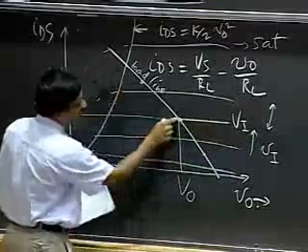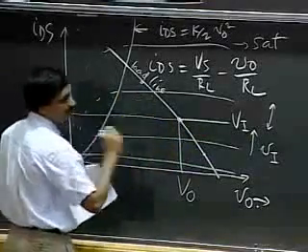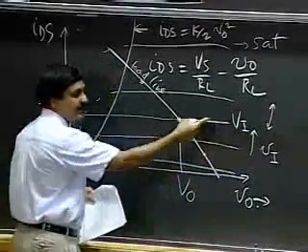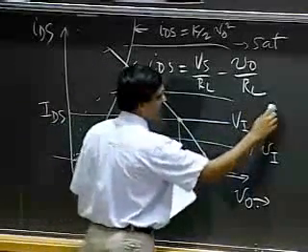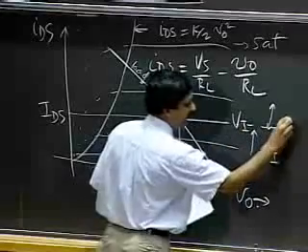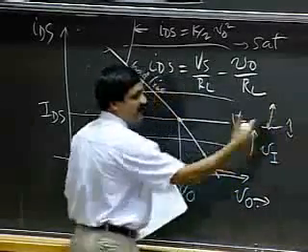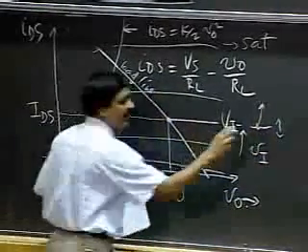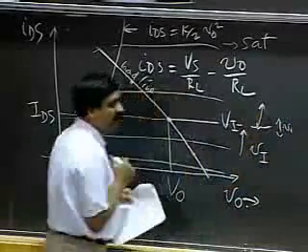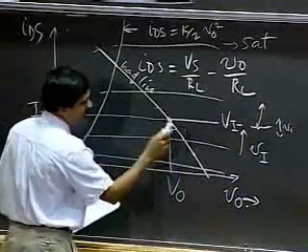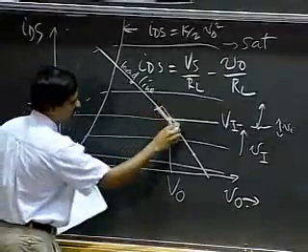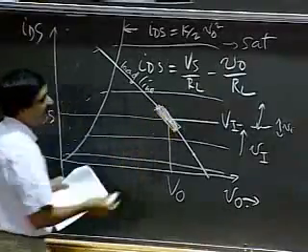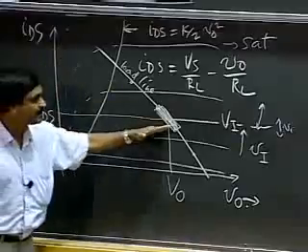And as VI increases, the operating point would come up here and so on. So let's say about this operating point, if my small signal VI varied about a small range, then correspondingly, the output value would vary about this part of my load line.